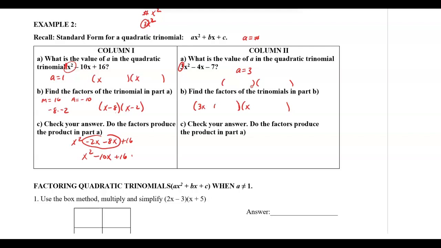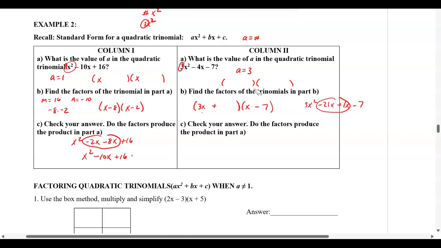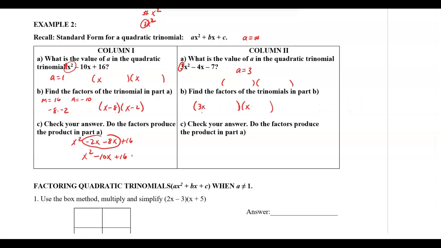If I go plus 1 here, and I go minus 7 here, when I multiply this out, 3x times x is 3x squared. 3x times negative 7 is minus 21x. 1 times x is plus 1x, and then minus 7. If I add these middle terms, do I get negative 4x? No. So what do I have to do then? I have to retry it a different way.